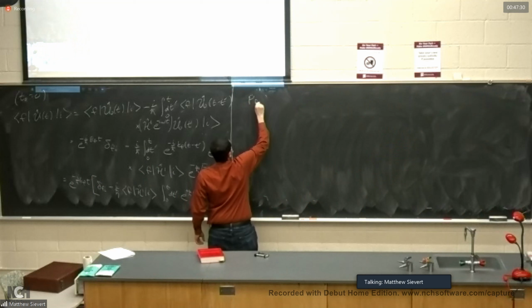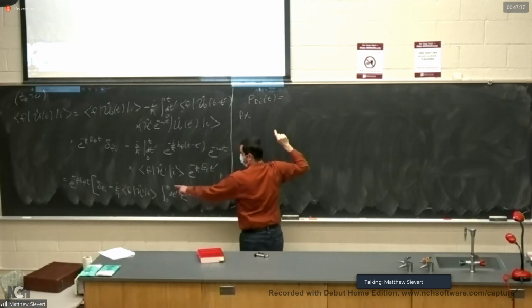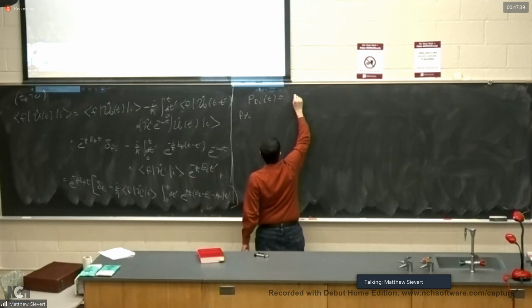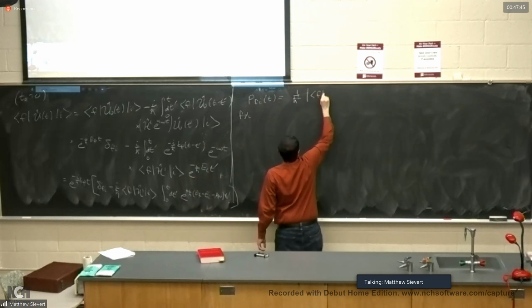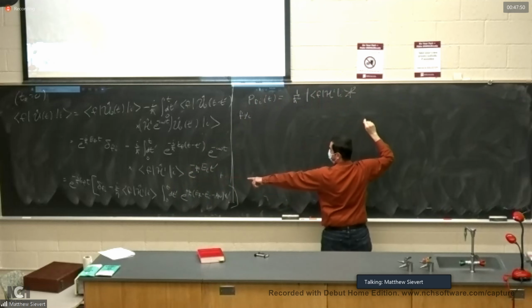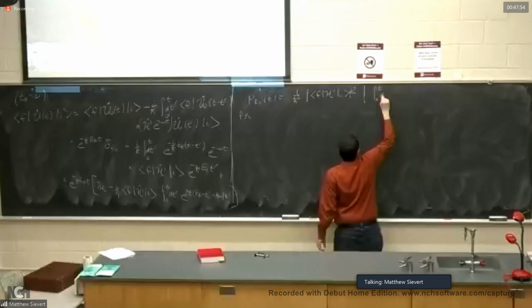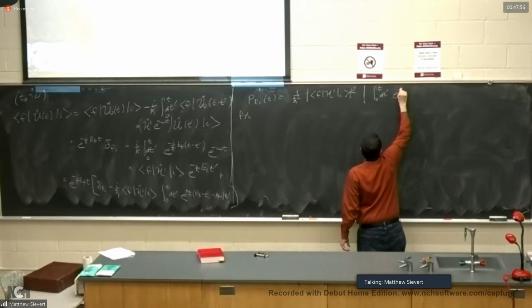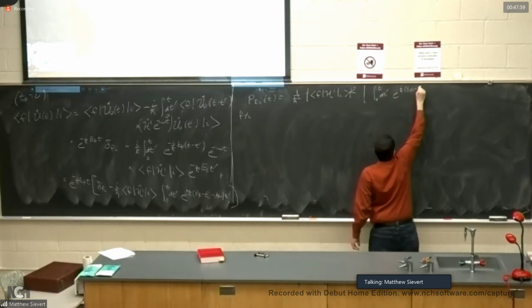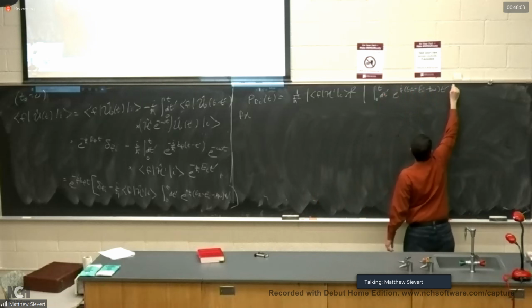So my probability to land in final state F from initial state I, where I'm assuming final is different from initial, as a function of time is exactly the same thing. I get 1 over h bar squared, final perturbation initial state squared, and then the absolute value squared of this integral from 0 to t dt', e to the i over h bar, E final minus E initial minus h bar omega times t'.